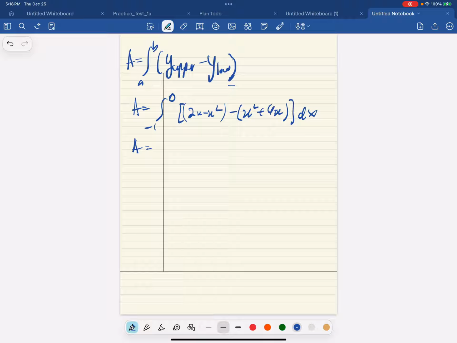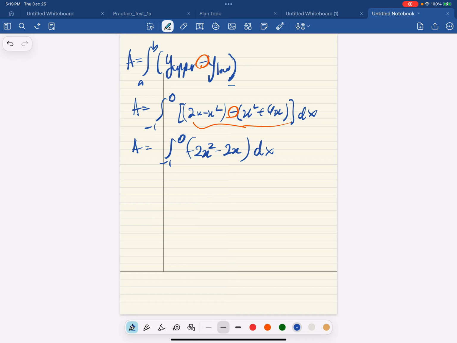Actually, no, sorry. Before you integrate, you can just simplify. Simplify meaning you're doing the subtraction. Forget about the integration, just subtract. You will have minus 2x squared minus 2x dx.